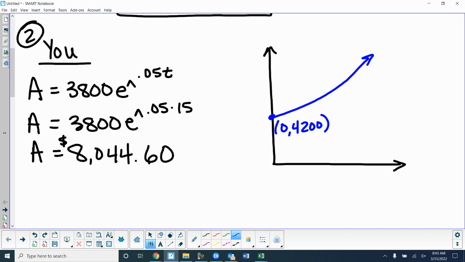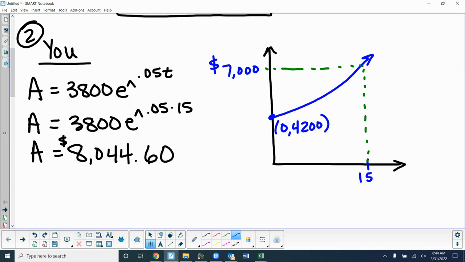And over here at 15 years, if we go up and then over, that looked pretty close to $7,000, right?